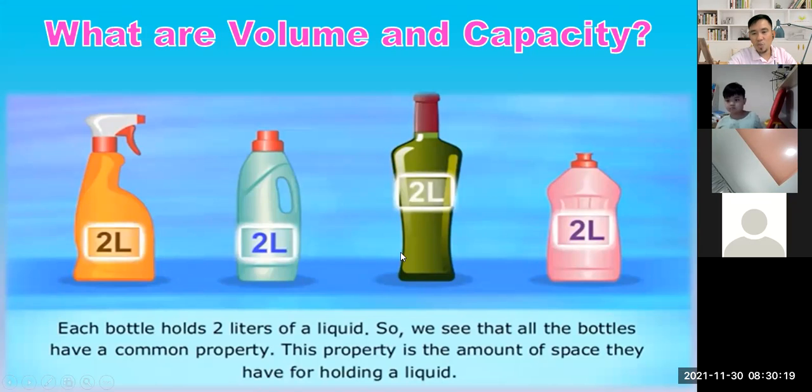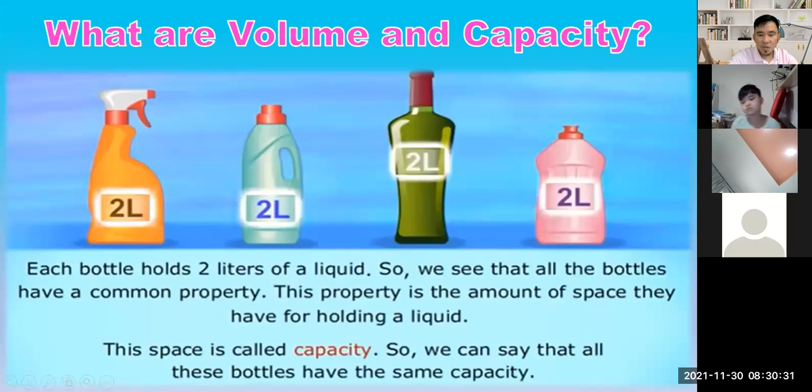This property is the amount of space they have for holding a liquid. This space that can hold is called capacity. So we can say that all these bottles have the same capacity.